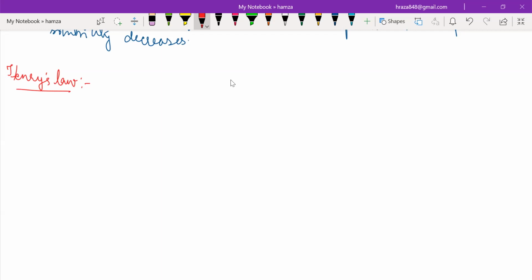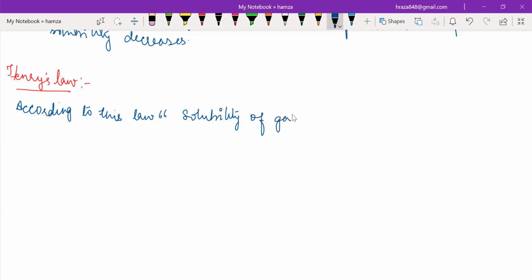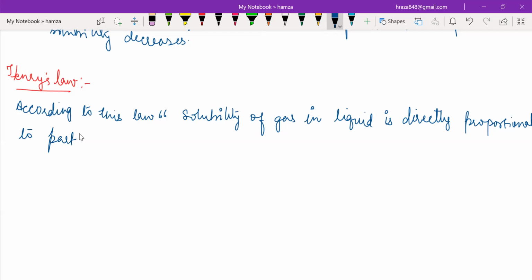According to this law, solubility of gas in liquid is directly proportional to the partial pressure of that gas above the liquid surface.